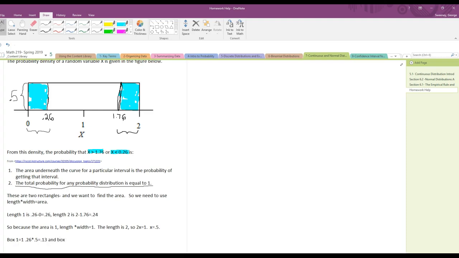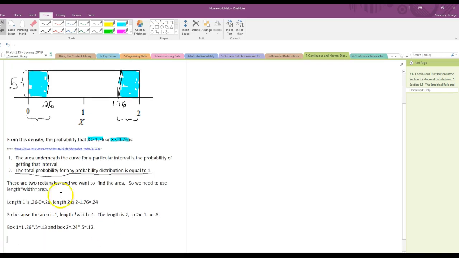And box 2's area will equal 0.24 times 0.5, which equals 0.12. The first box has an area of 0.13, and the second box has an area of 0.12.